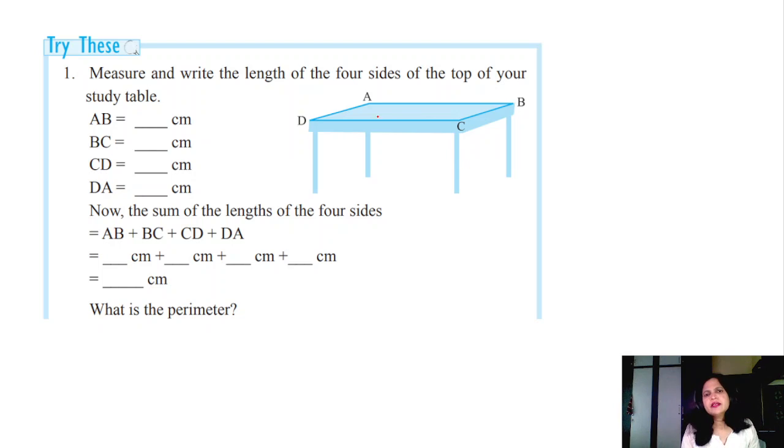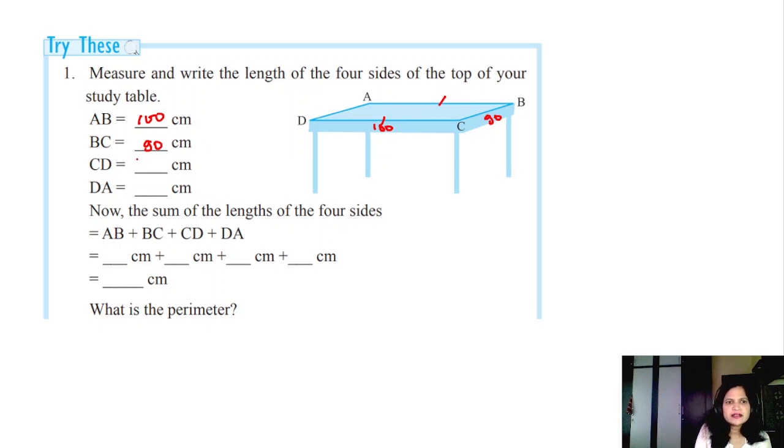How will you measure? Suppose it is 100 centimeter by 90 centimeter. AB is 100 centimeter. Then BC is how much? 90.